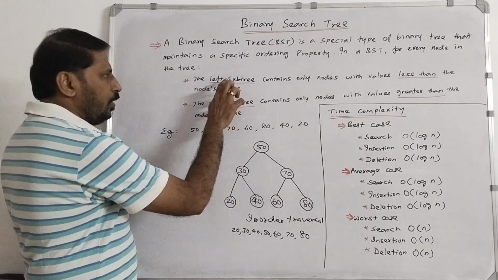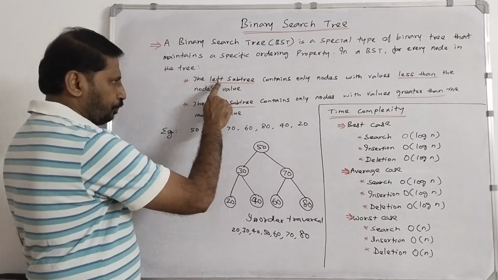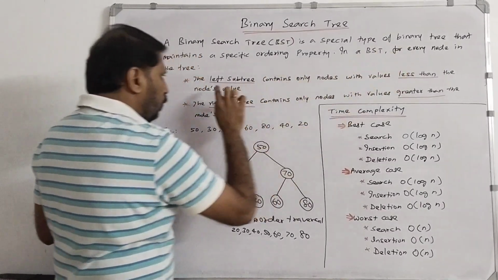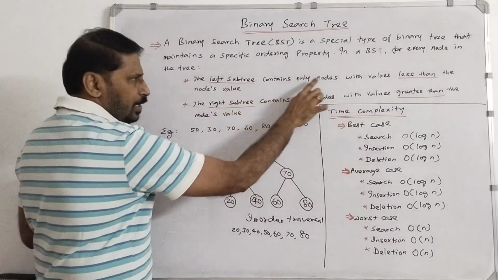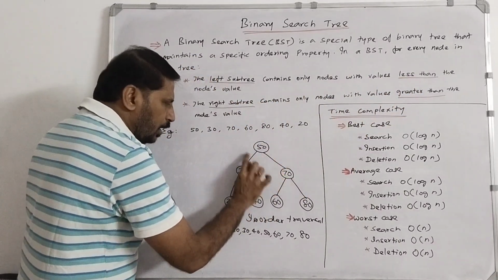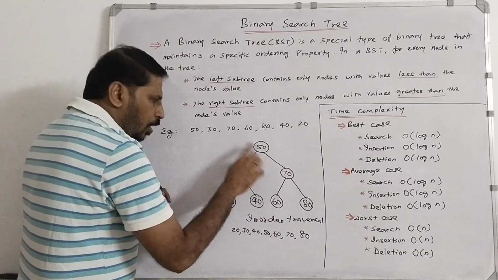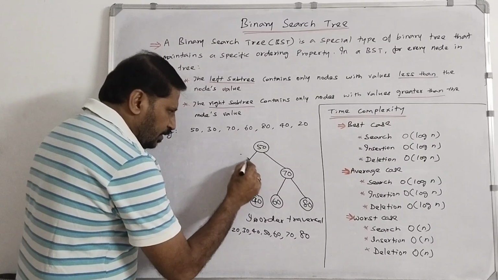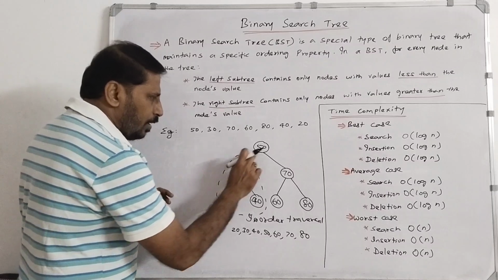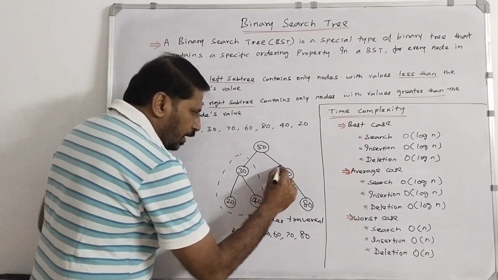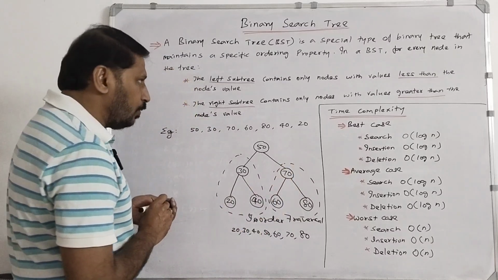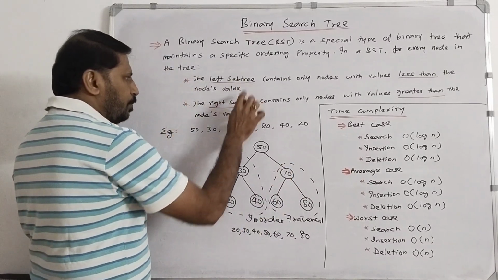Now you come to the definition. In BST, for every node, the left subtree contains only nodes with values less than the node's value. Suppose I am taking the node 50. All the left side values are less than this value. All the right side values are greater than that value. So that is what is given: left subtree and right subtree.